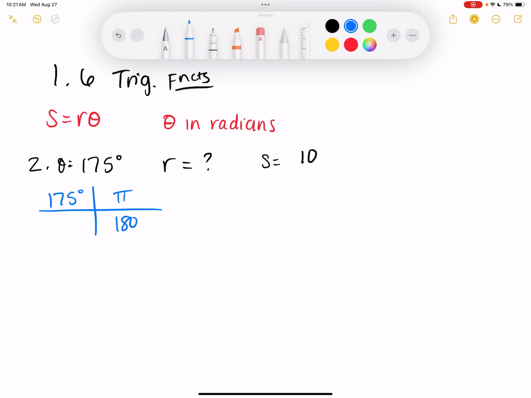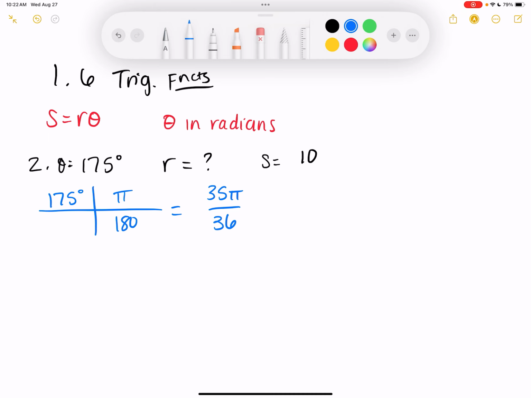And so that ends up being, I know I can take a 5 out of everything. 35 pi over 36.